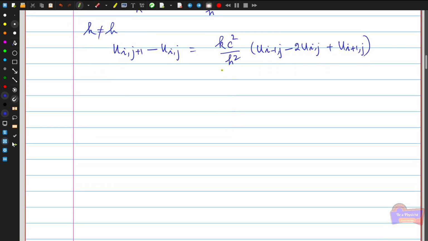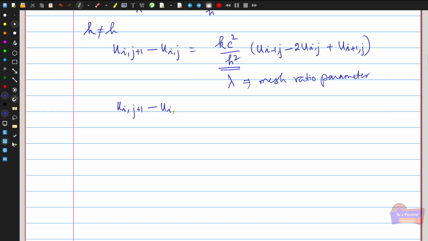Now I know the k and h values, and everything is a constant, so I can define this constant as lambda. This lambda is nothing but the mesh ratio parameter. So I can rewrite the equation as u of i comma j plus 1 minus u of i comma j equals lambda into u of i minus 1 comma j minus 2 times u of i comma j plus u of i plus 1 comma j.